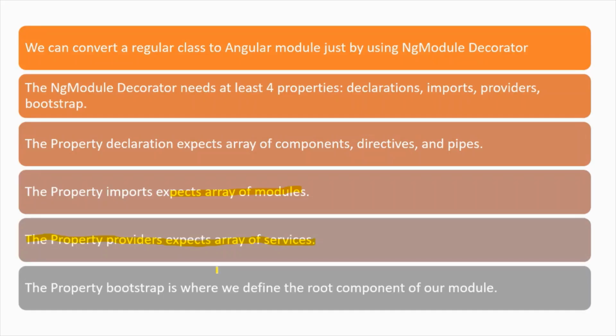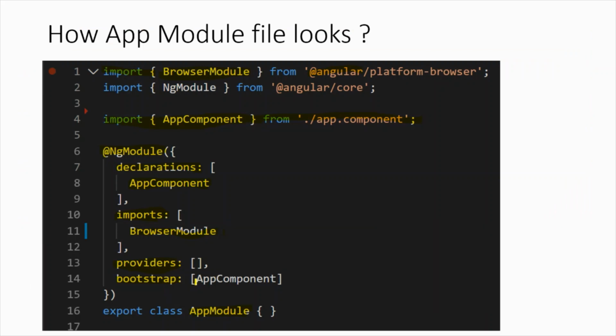Now come to the next point, the bootstrap property. This is a very important property, because this is where we add our root component. Here we added app component. Why did we add app component here?